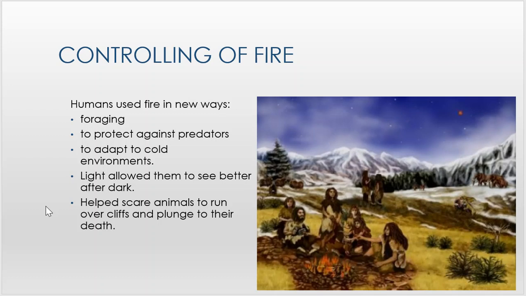Another is to protect against predators. Prior to fire being controlled, the early humans did not get out of Africa because there were just too many wild beasts around. But when you have fire, every animal has this innate alarm or fear of fire.